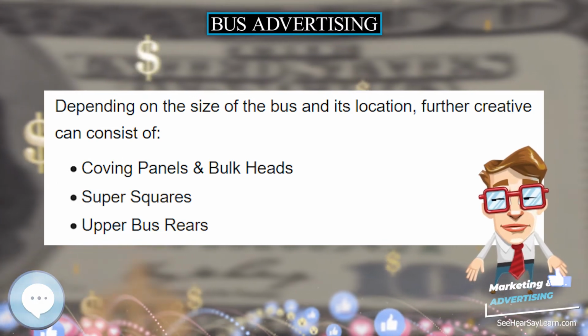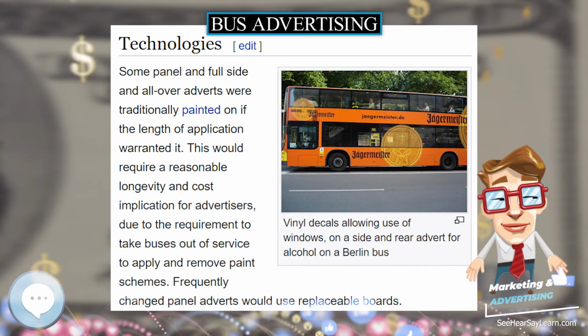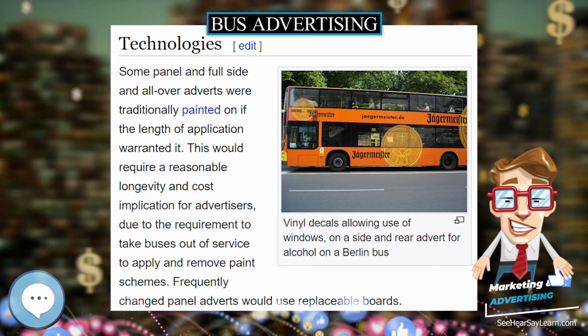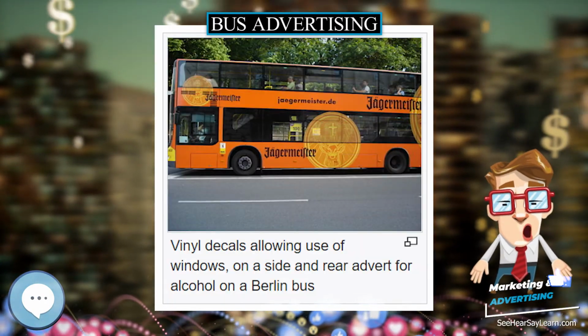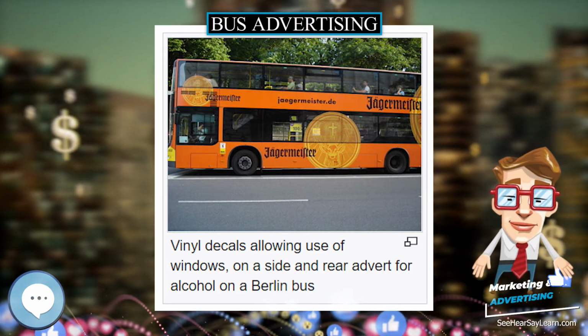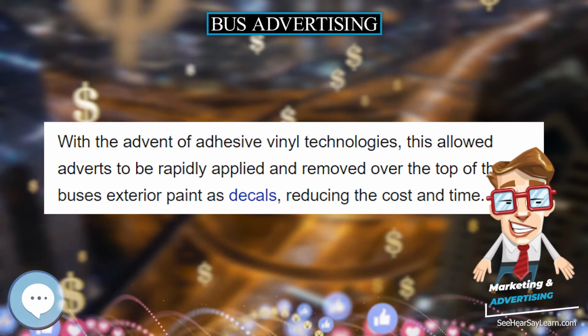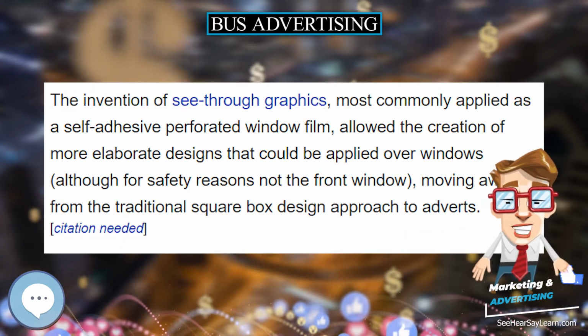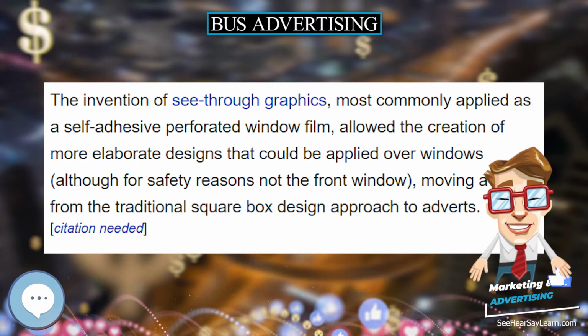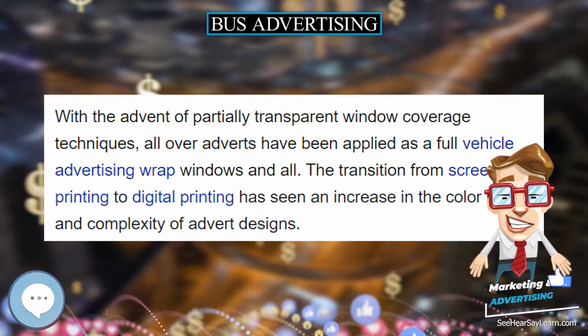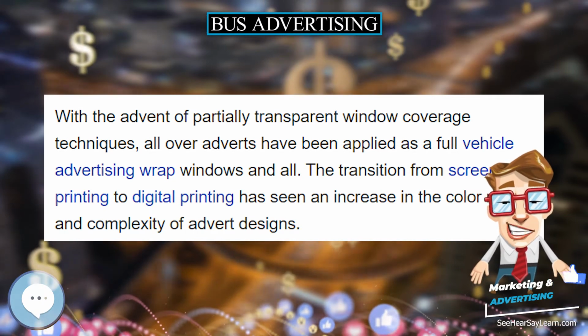A variety of formats are available to marketeers, although the most commonly used media formats are. There are different options available to these formats in London because of the city's iconic double-decker bus. Advertisers looking to promote a message can also make use of these formats, which include, depending on the size of the bus and its location, further creative that can consist of technologies.